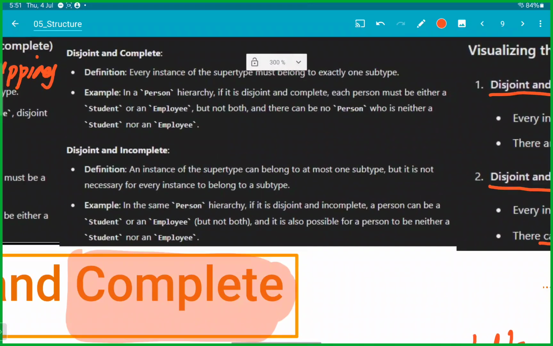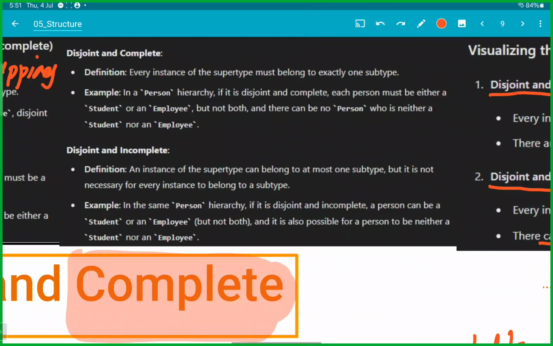Disjoint and complete means every instance of the supertype must belong to at least one subtype. An example: if it is disjoint and complete, each person must be either student or employee, but never both. And there can be no person that's neither a student nor employee.